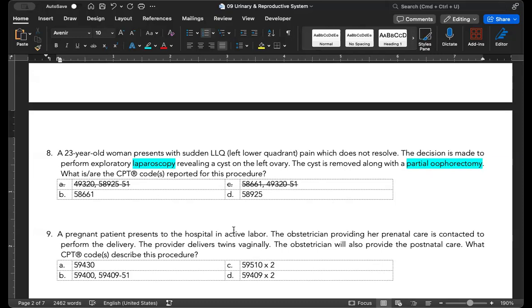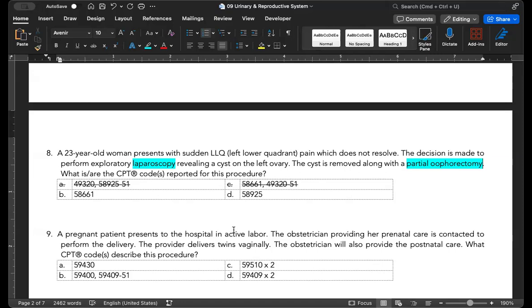58552 is a laparoscopy, surgical, with a vaginal hysterectomy for a uterus 250 grams or less with the removal of tubes or ovaries. Again, we did not do the hysterectomy, so it would not be 58552. 58554, same thing. It is laparoscopy, surgical, with a vaginal hysterectomy for a uterus greater than 250 grams with removal of tubes and ovaries.